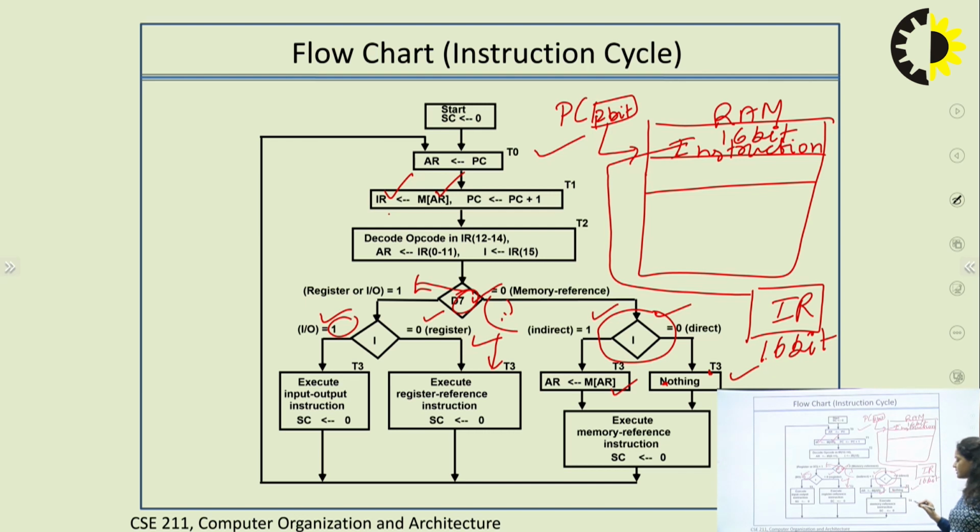So in timing cycle T4 comes the execution of memory reference instructions, meaning the operation we need to perform, such as addition, subtraction, multiplication, division, the instructions I have shown you in the previous chart. Similarly, for register reference and input output reference, the execution will be in timing cycle T3. So this is the flow chart for the instruction cycle.